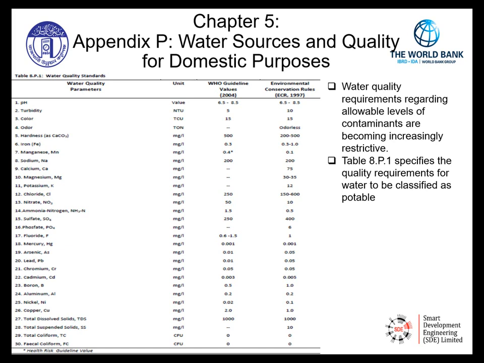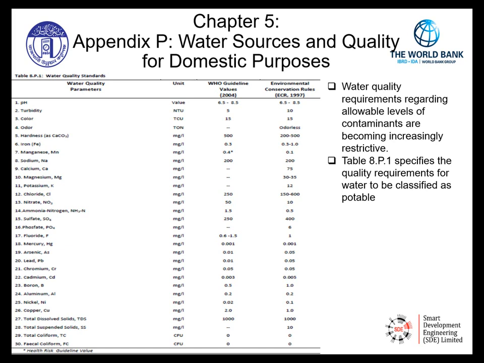In the very first column, water quality parameters, items 1 through 30, gives us, in terms of values, the unit value in column number 2. Column number 3 gives us the WHO guideline values. And finally, the last column gives us information regarding environmental conservation rules.